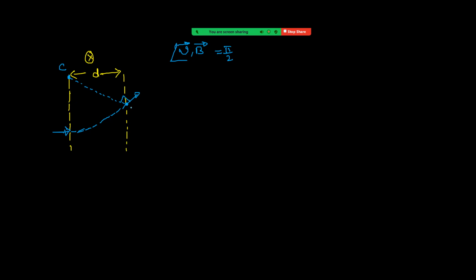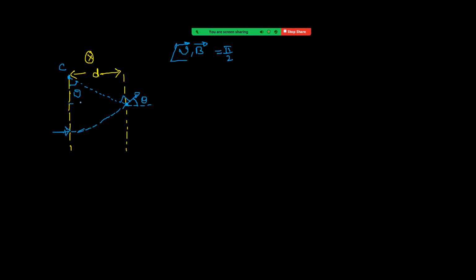Take it as C. Now the angle made by the velocity vector while coming out of the field with the initial velocity vector is the angle of deviation. If this is theta, this is also the same angle, right? Because this is normal to this vertical and velocity is normal to this radius.